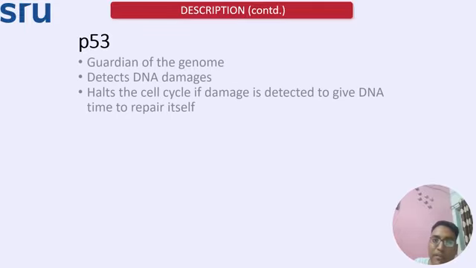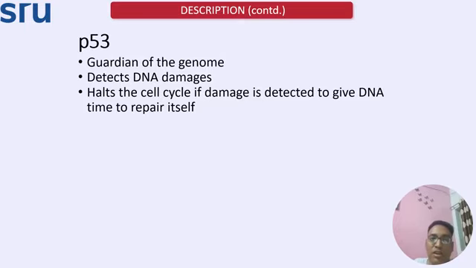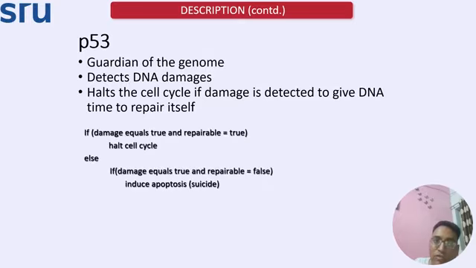P53 comes as the guardian of the genome. It detects DNA damage and halts the cell cycle if damage is detected, to give DNA time to repair itself. So if damage is true and the DNA is repairable, P53 halts the cell cycle.